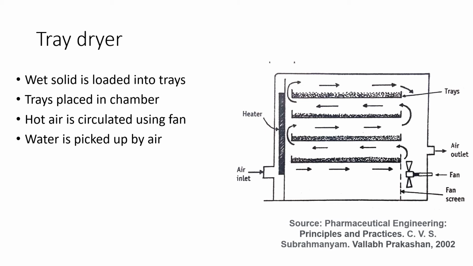After exchange of heat, the moisture or the solvent will take that heat, get evaporated, and from the air outlet the moist air can be removed. The fan will help in circulating the air and will lead to the process which is called forced convection.